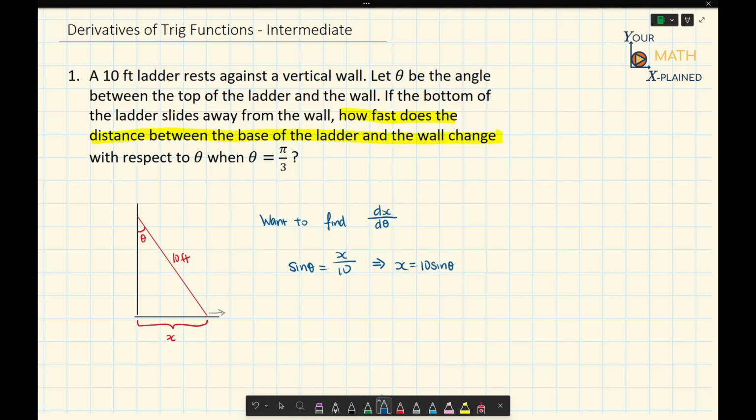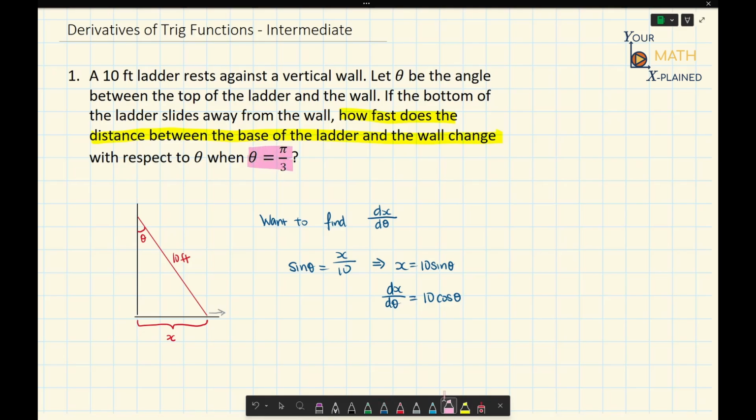And now we have our function x in terms of theta, so then we can go ahead and take the derivative of x with respect to theta. So then we get dx d theta is going to be equal to 10 times cosine of theta. And now the last part is to figure out what dx d theta is when theta is equal to pi over 3.